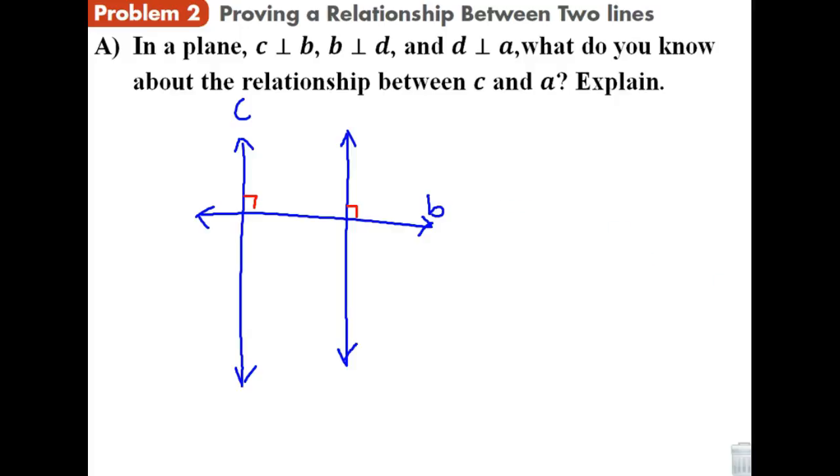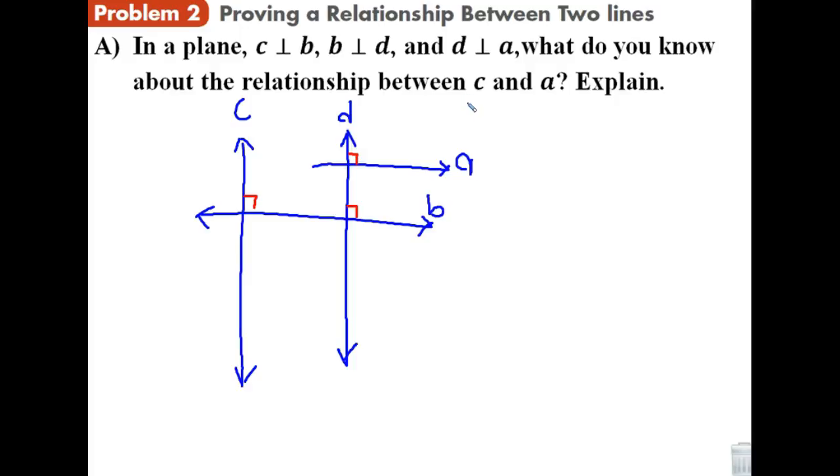And then finally we have that D is perpendicular to A, so if this is D, we'll say this is my A right here at a right angle. It doesn't matter how you draw this picture as long as these relationships hold true. So your picture doesn't need to look exactly like mine.